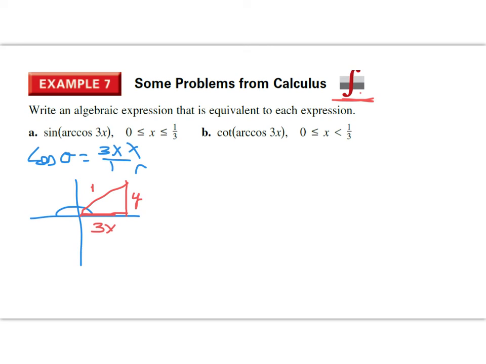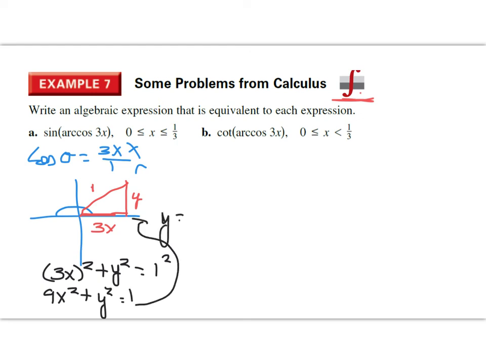So I'm going to say that 3x squared plus y squared is going to be equal to 1 squared. So therefore, I've got 9x squared plus y squared equals 1. So therefore, my y squared is 1 minus 9x squared, so my y is going to be equal to the square root of 1 minus 9x squared.